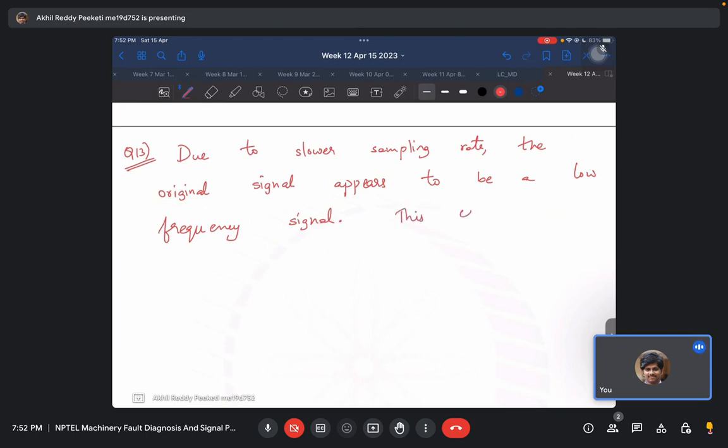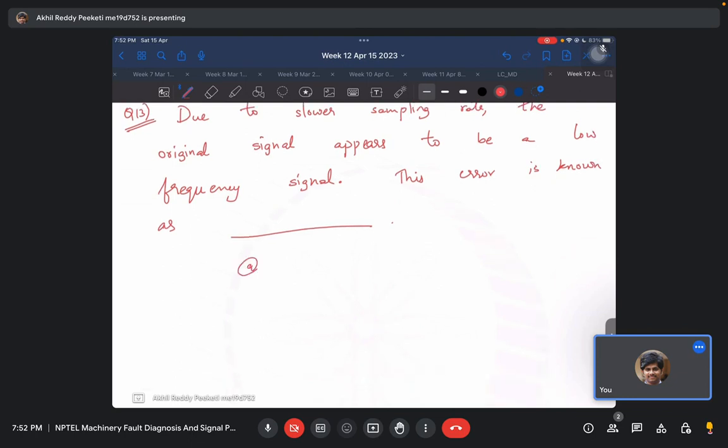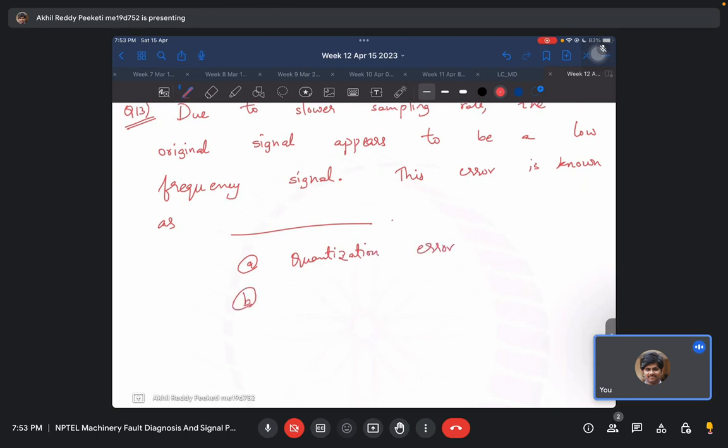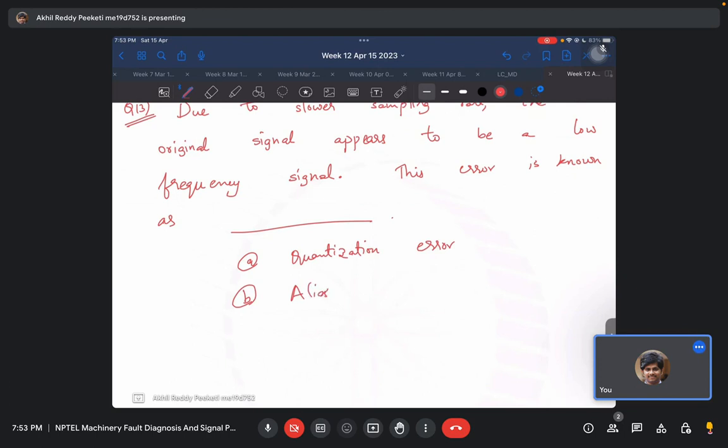This error is known as. The options are A quantization error, B aliasing error, C leakage error, D.